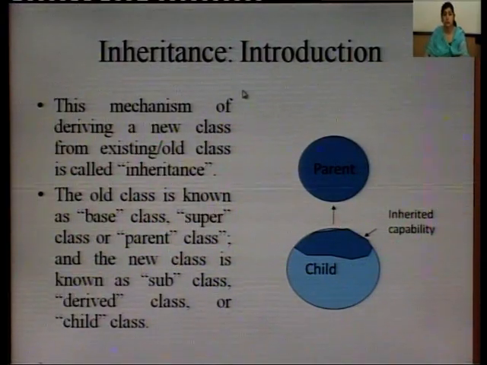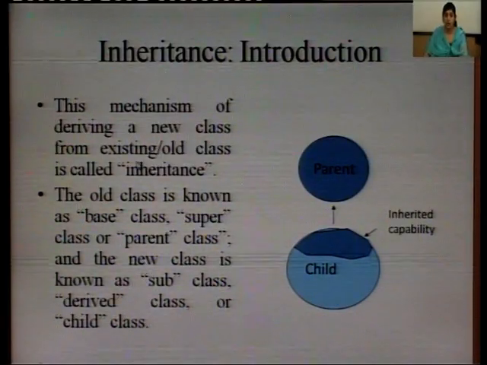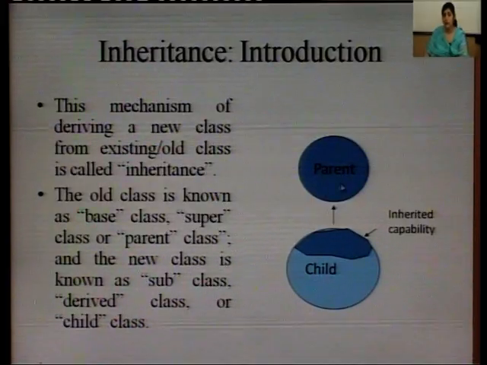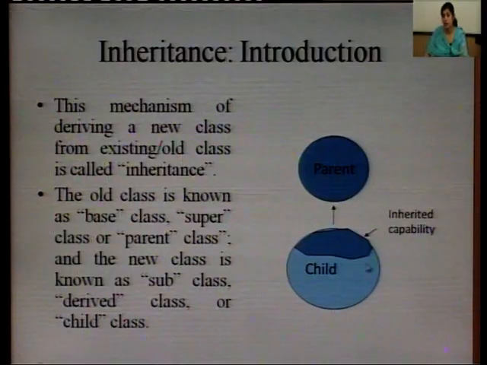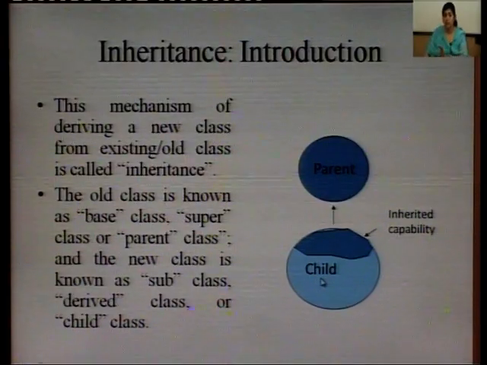This mechanism of deriving a new class from existing class, old class, is called as inheritance. Look at this diagram. This is the parent, and we derived a child class from this parent class. Means it inherited the capabilities of the parent class and can have its own properties in the derived class.